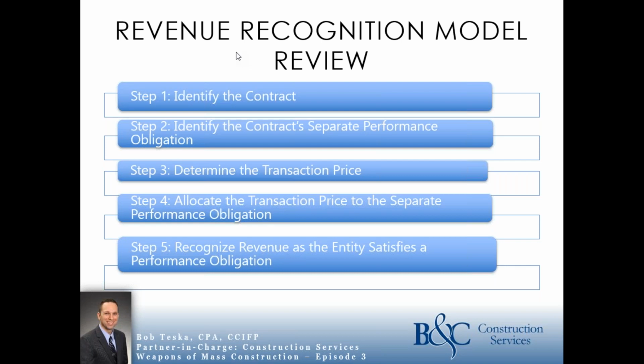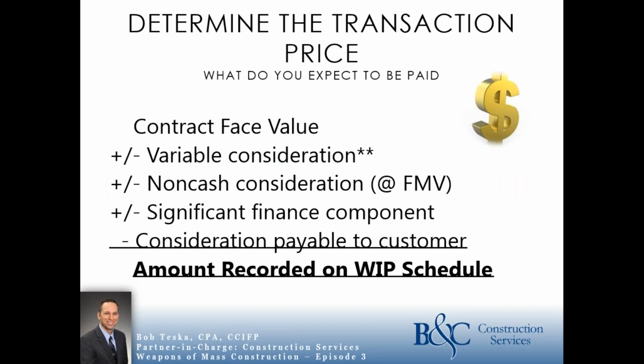So moving on here. So determining the transaction price, really, what do you expect to be paid? And so one of the biggest changes in the way we're going to recognize revenue in this new world we're entering into here is you need to adjust the contract value for what you actually expect to be paid. So we're going to start with the contract face value.